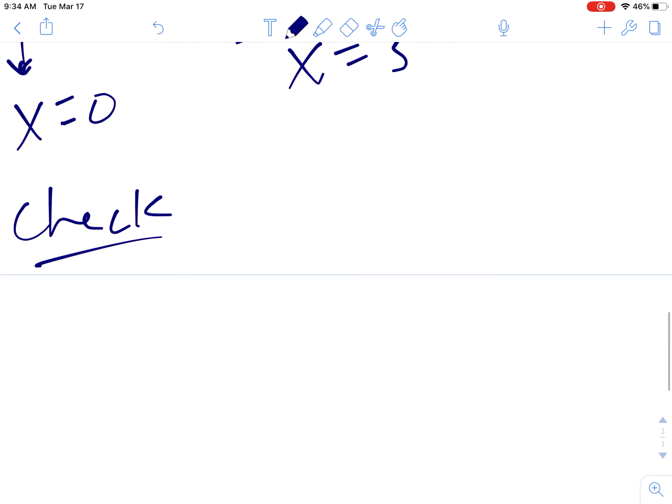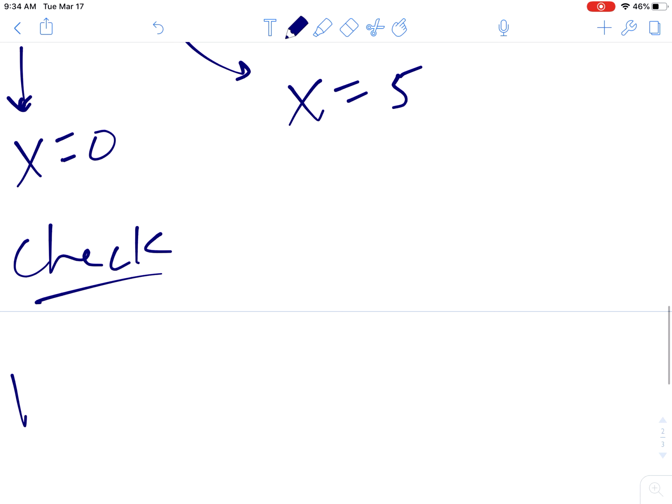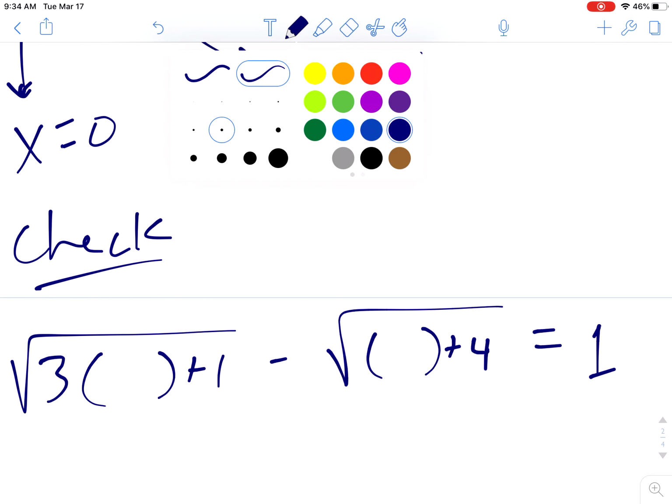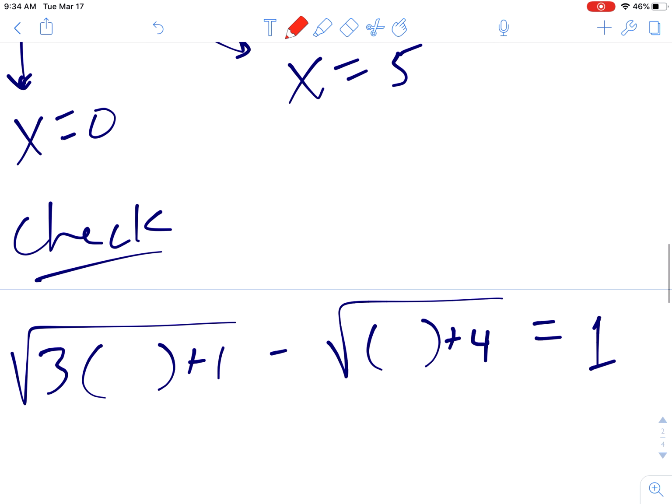Remember, you do need to check these. So occasionally you'll go through these problems and you do all the work, but when you check it, the solution doesn't actually work out. So let's check the 0 in the original.